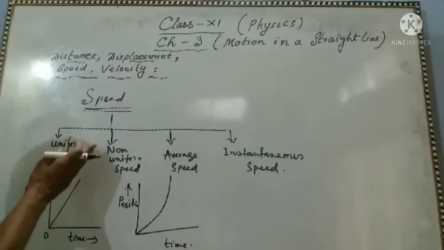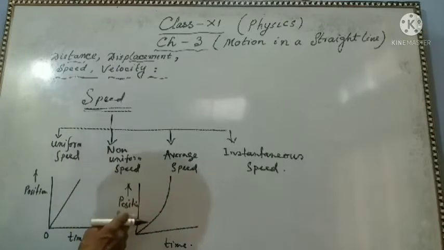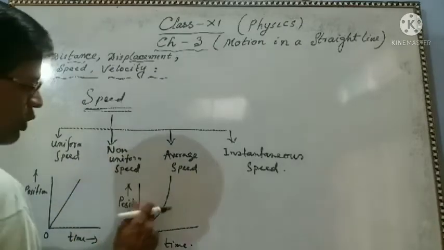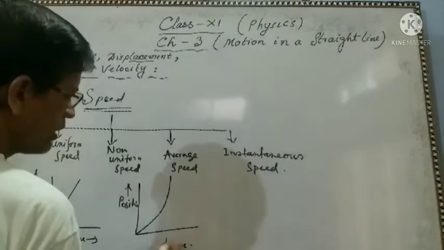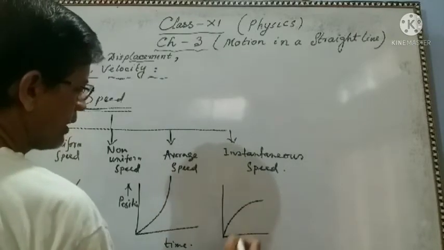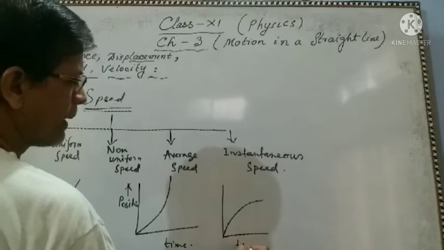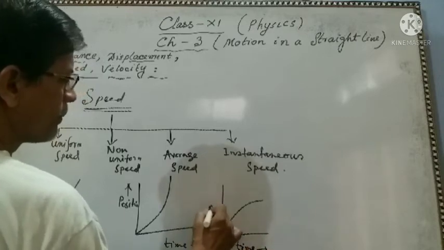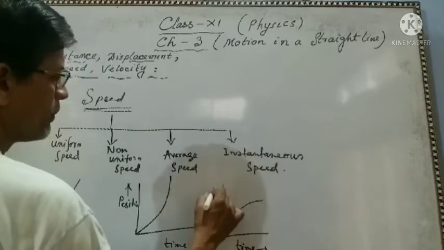So, uniform speed, straight graph. Non-uniform speed, this will be like this, or this will be like this.